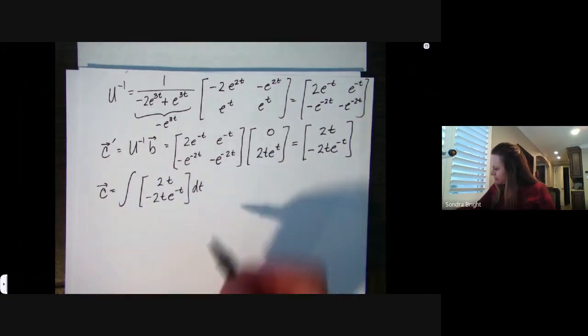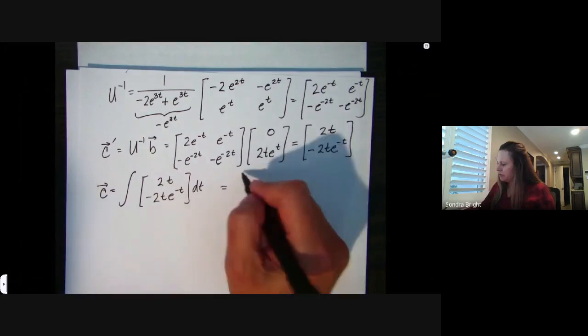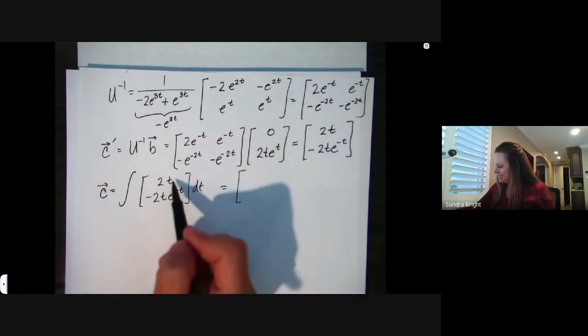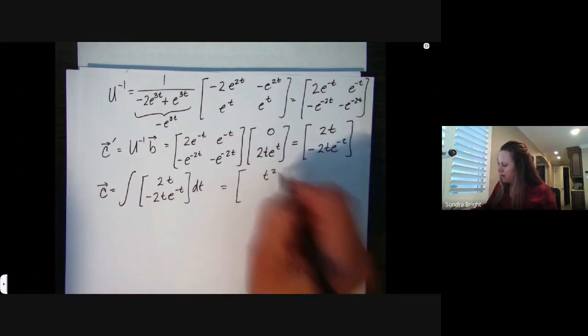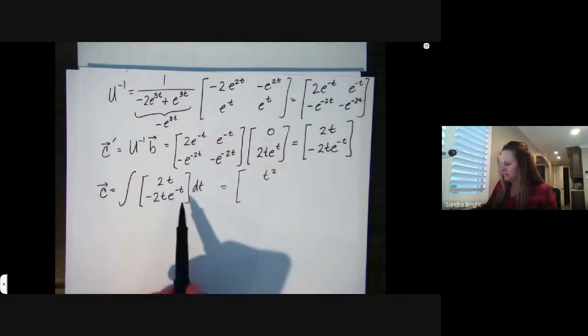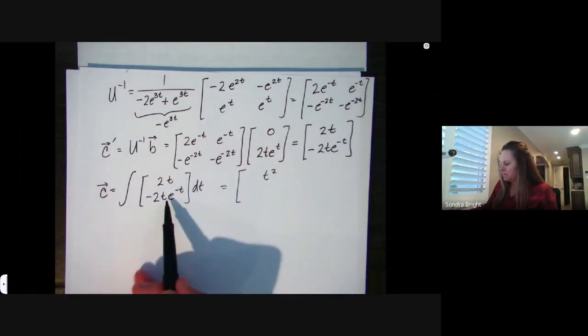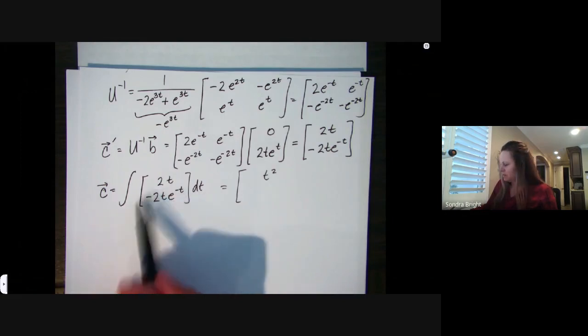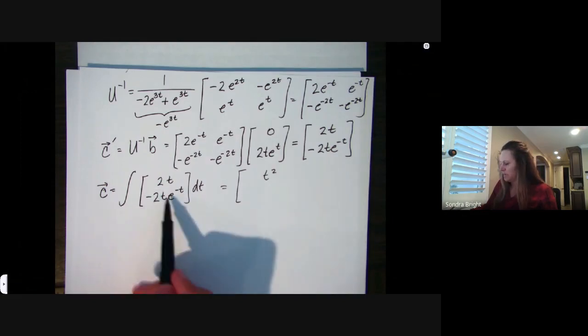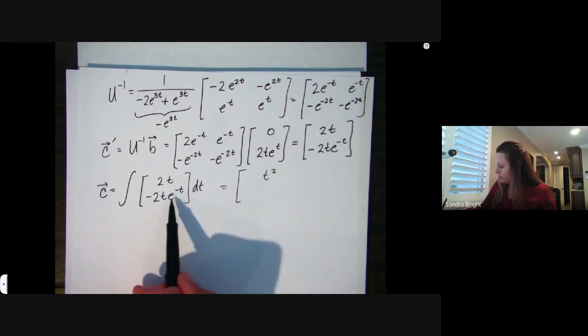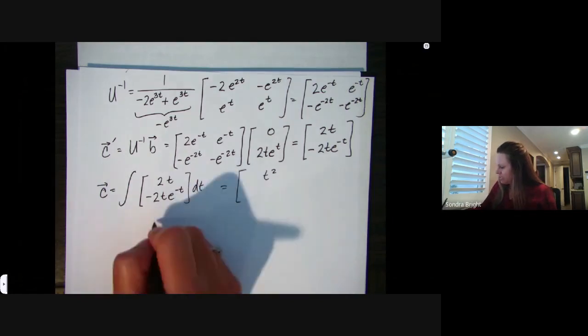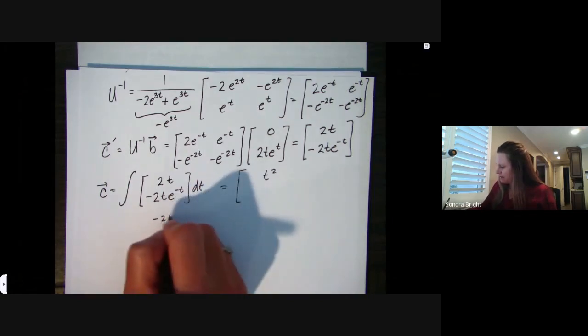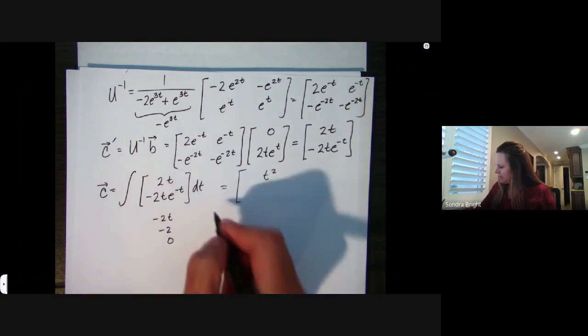All right, so what does that give us? The integral of 2t would be t squared. And then the bottom, that's got to be integration by parts, right? You've got things being multiplied. But you can do tabular. If you do tabular, you would have negative 2t, a negative 2, and a 0, and e to the negative t.